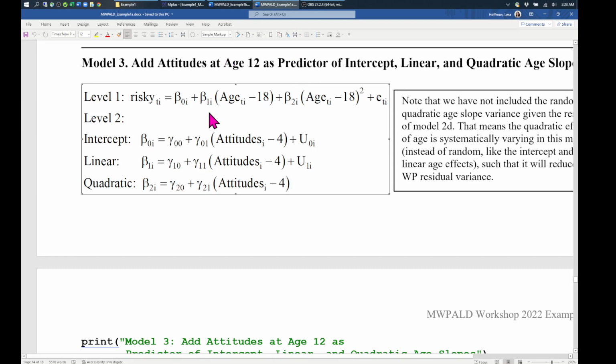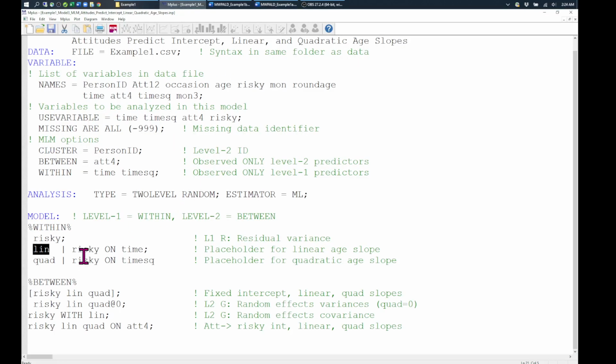The random slope syntax is setting up this placeholder notation. I do the same thing for the other latent variable, which I've called quad. So this is risky on time squared, and it looks like I forgot a semicolon. Very bad. You have to have semicolons at the end of everything, except the comments.